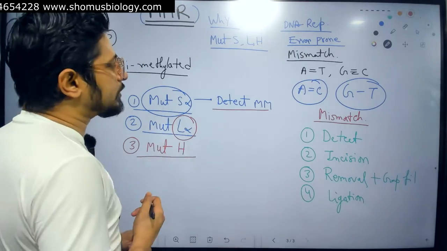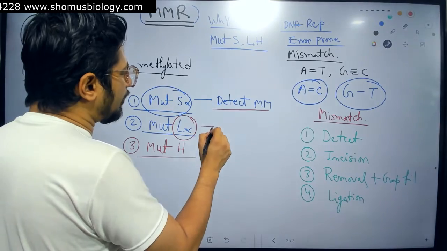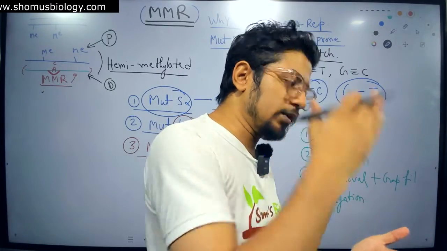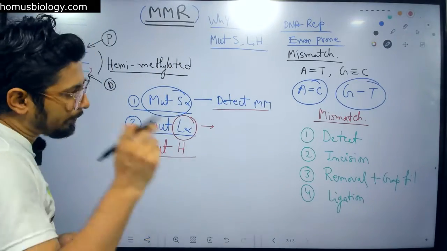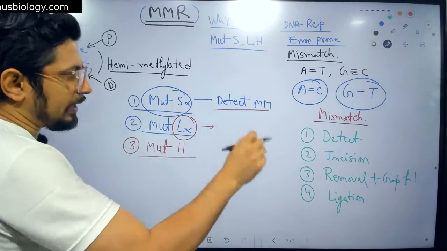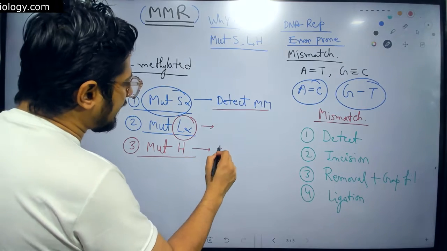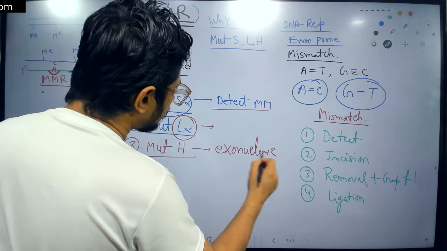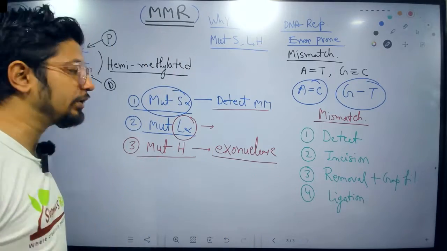MutL's job is basically to start the process of incision, meaning the phosphodiester bond will be cleaved, and the moment it is cleaved, the terminal is free. Then MutS, which is an exonuclease, remember it's not an endonuclease, exonuclease.